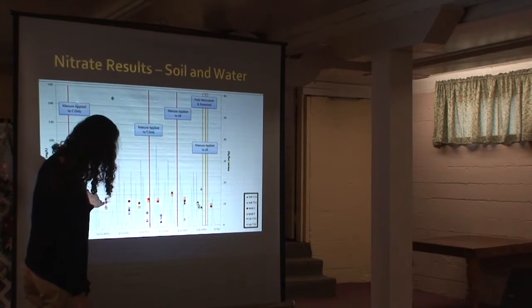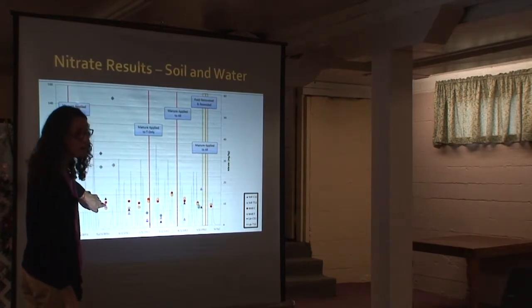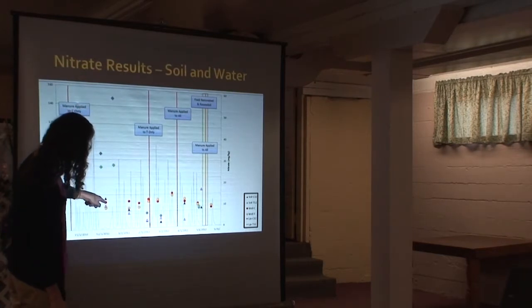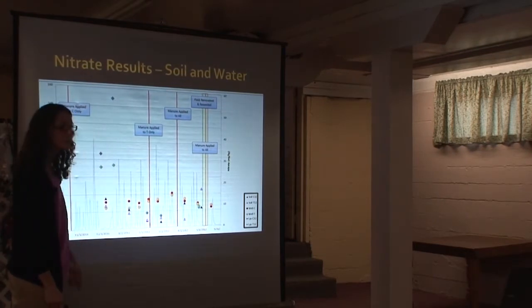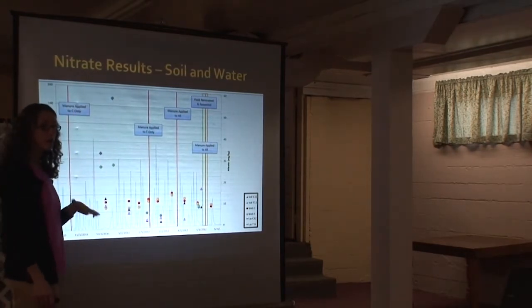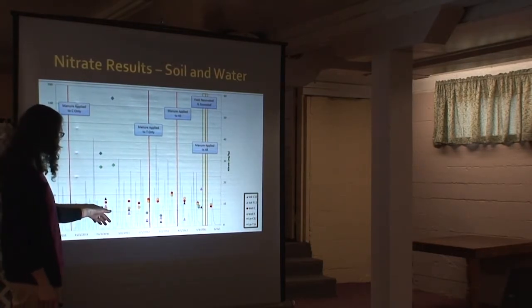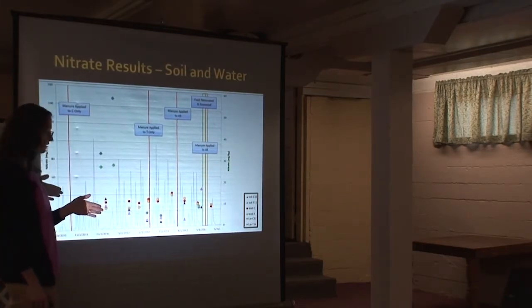On this one, we had late season application on the red. So you can see that starting in December, this was definitely higher. That late season application made a difference. We had greater nitrate in the groundwater for that late season application, through October. The yellow represents when we stopped in August.